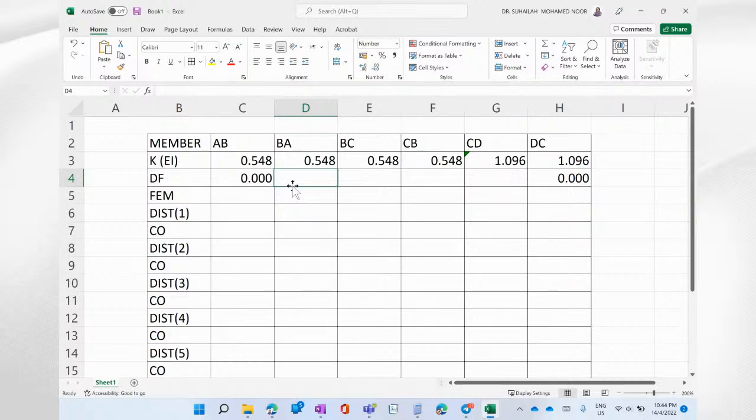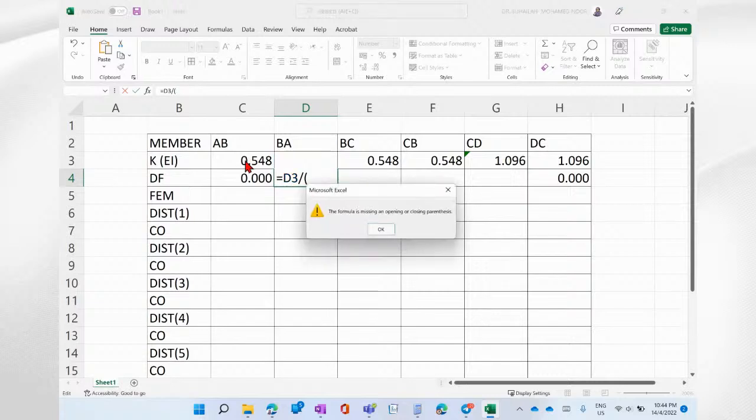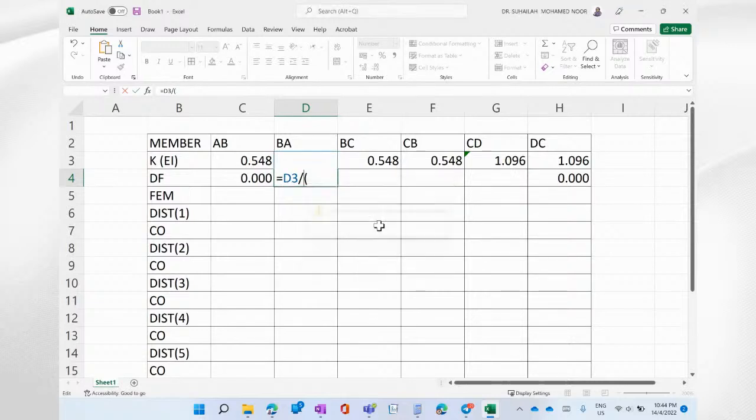This is member divided by total, total B. Okay, KBA plus this. So we get 0.5.